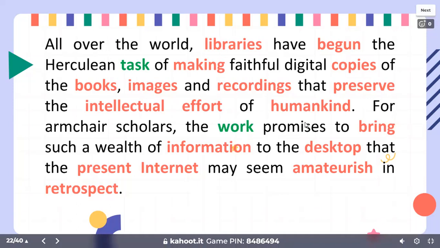Well, this work promises to bring such a wealth of information, because books and images have information, to bring it to the desktop. Well, this is the digital device. The present internet, the internet of nowadays, may seem amateurish in retrospect. Now, if we look back, it means that the internet of today will be simply an amateur. It's not a professional.